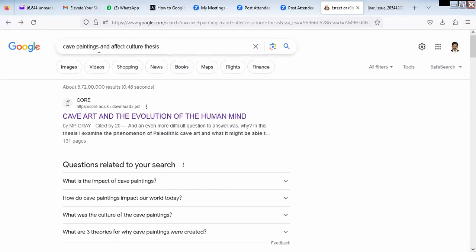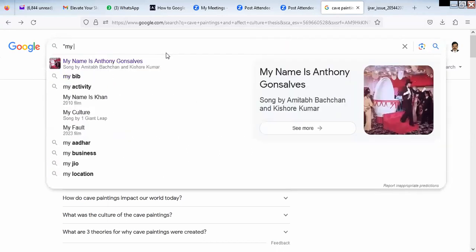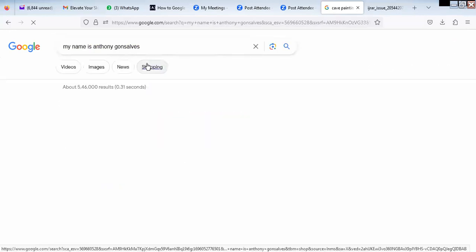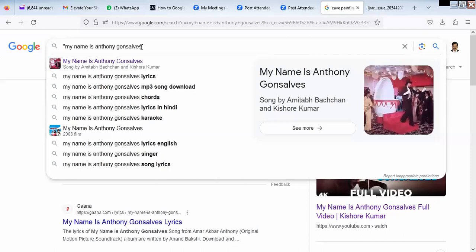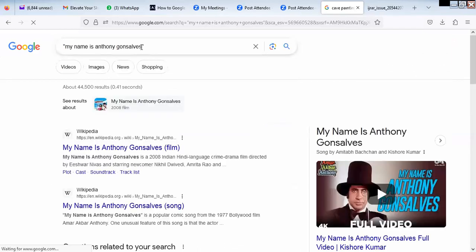So when I want something exact, I know some lines from that particular document, then we can put it in quotes. Exactly all the words and the total sentence, like my name is Anthony Gonsalves, it will search in the literature for that complete sentence.